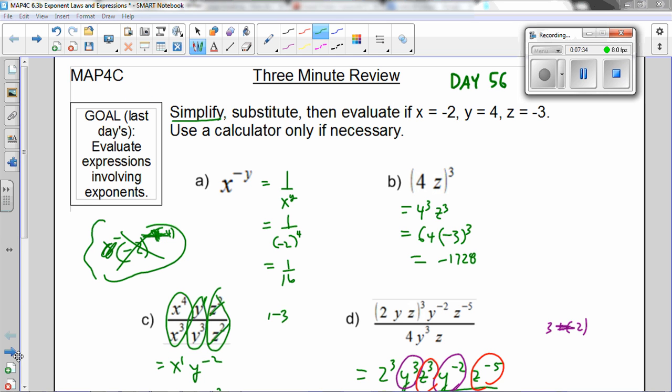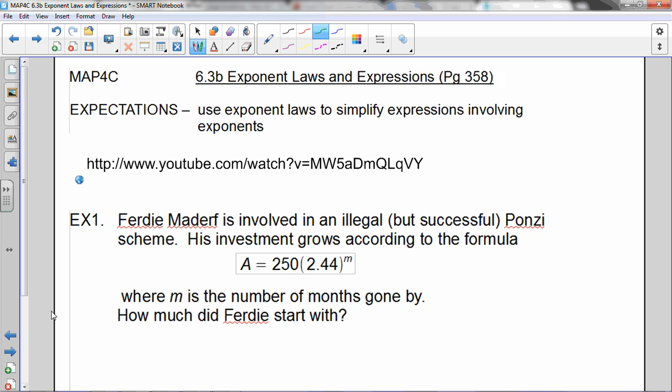Now, what I would suggest, because this is just an expression, and we're going to fill some values in, but it's about something that's called a Ponzi scheme. And this video, which I've attached to the calendar, is a background about Ponzi schemes.